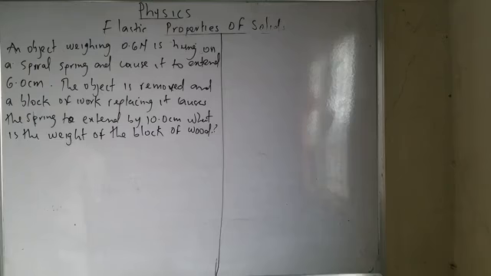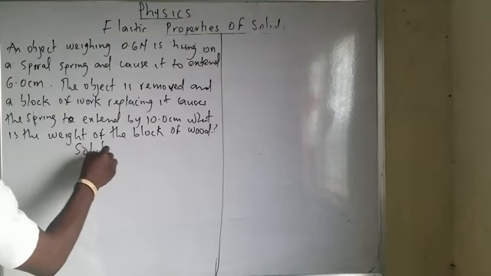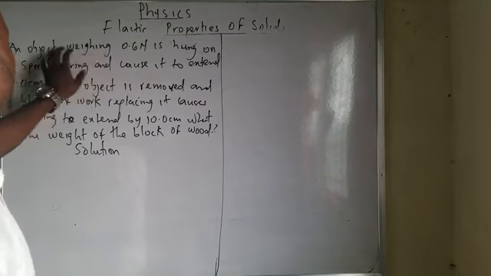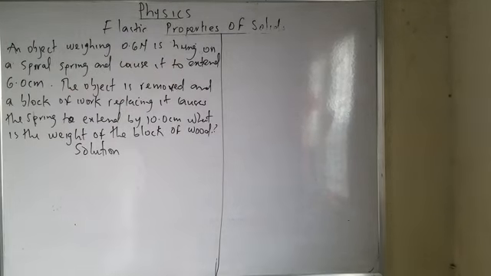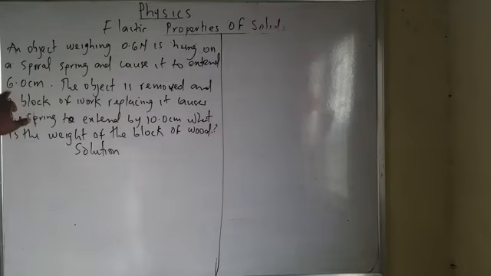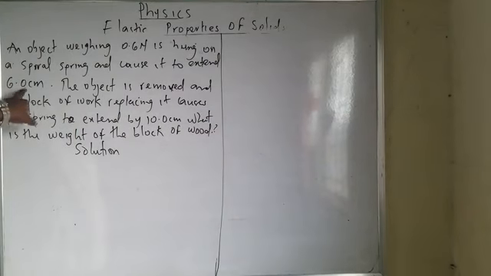That is the question, which is very, very simple. You can see an object of this weight is hung on a spiral spring and causes it to extend 6.0 centimeter.